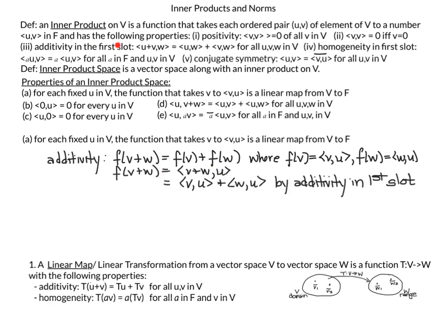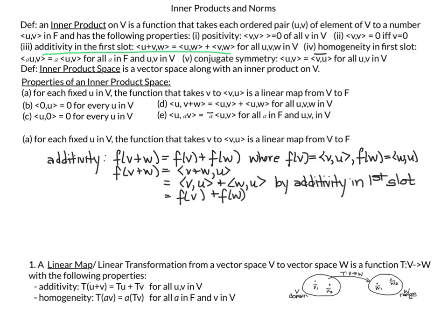Now by additivity in the first slot, and this is a property of our inner products, and I have this circled over here in green, this is equal to the inner product of v with u plus the inner product of w with u. But this is just equal to f of v plus f of w, so we have shown additivity here, and now we only need to show homogeneity to prove that this is a linear map.